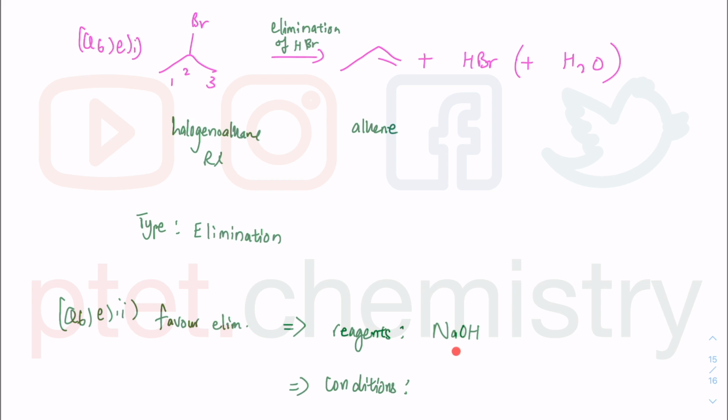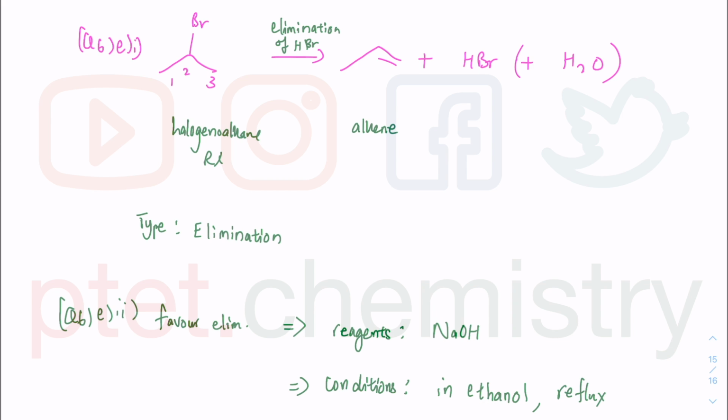If you use it in water or aqueous conditions, then you will get substitution of the Br with OH, which is called hydrolysis or nucleophilic substitution mechanism. So the condition has to be in ethanol, can never ever be in water if you want to favor elimination. And this has to be reflux, so reflux in ethanol. This is the solvent in which you contain the NaOH.